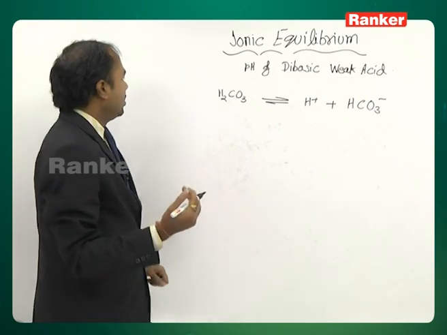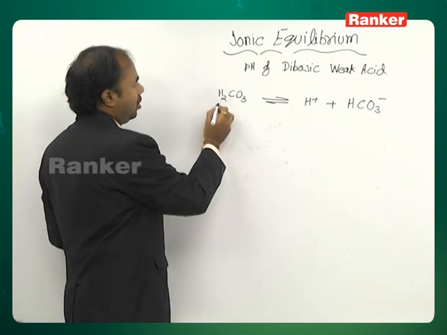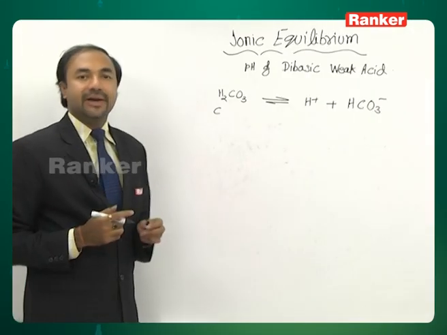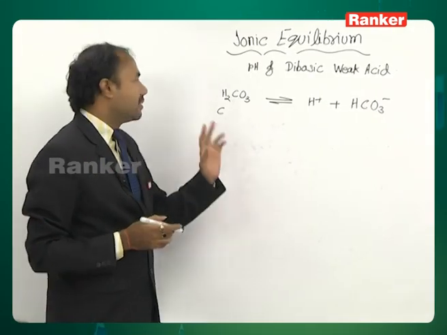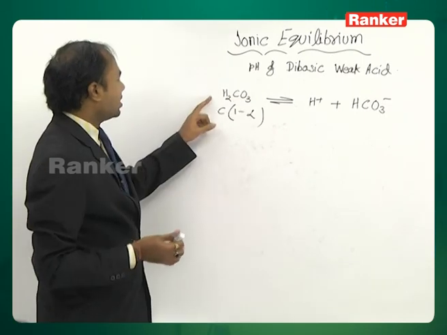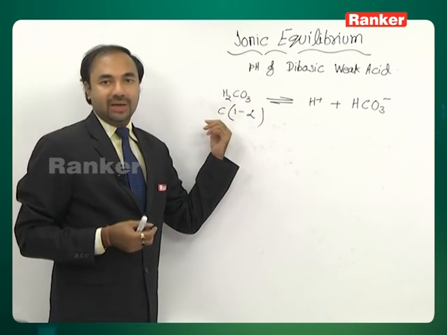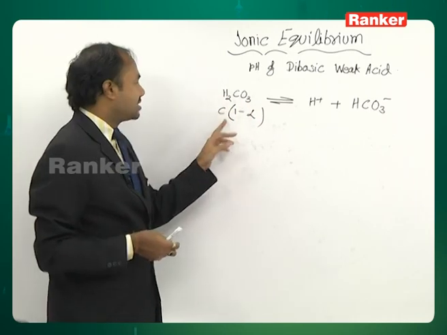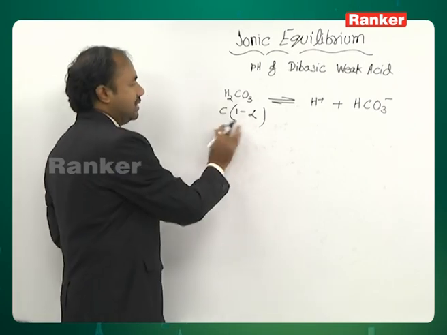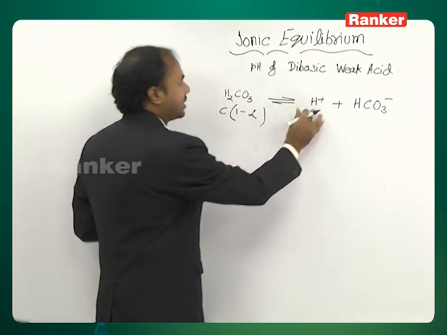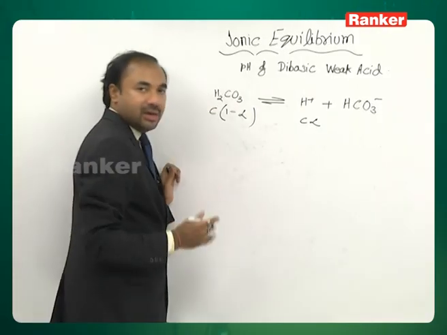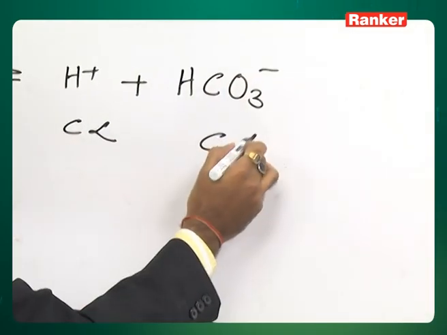We assume concentration of H2CO3 given to you is C. The question is to find the pH of a H2CO3 solution whose concentration is C moles per liter and its first degree of dissociation is alpha. So we put here C into 1 minus alpha. Now concentration of H plus coming from first dissociation will be C alpha and bicarbonate ion will be C alpha.